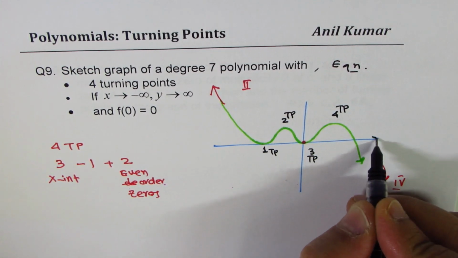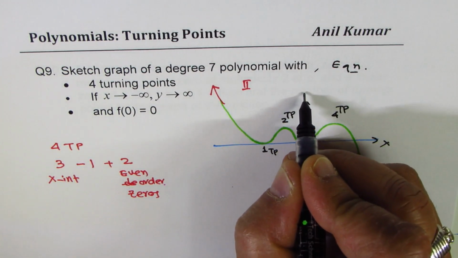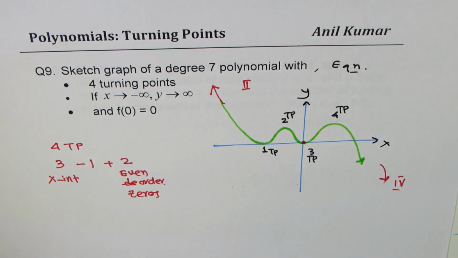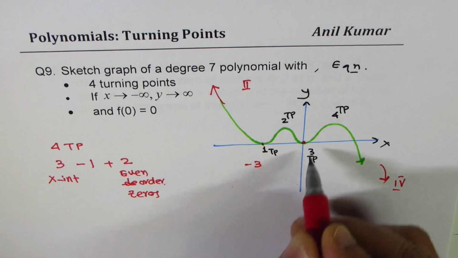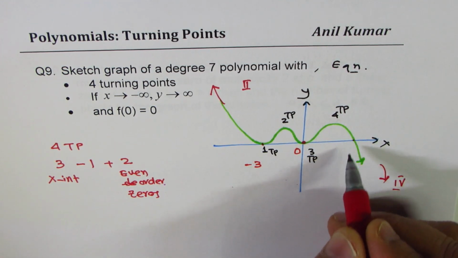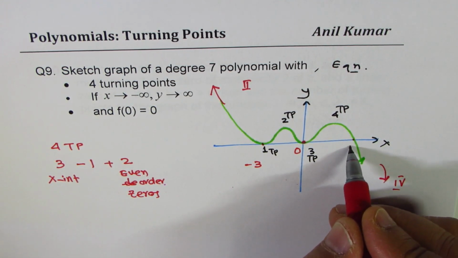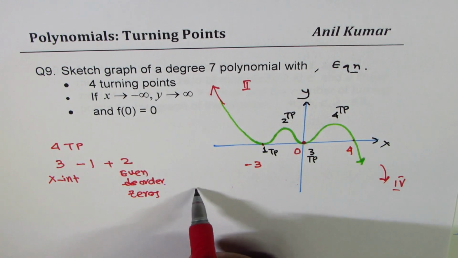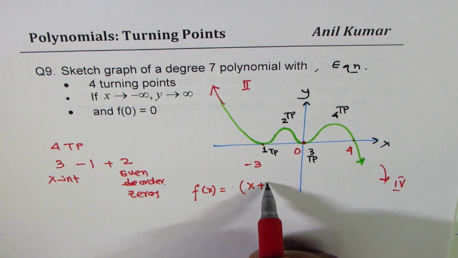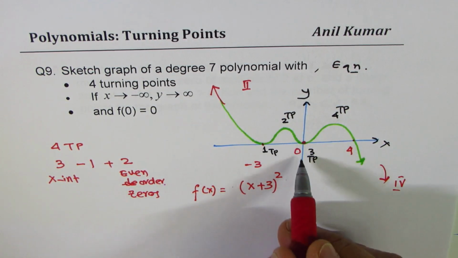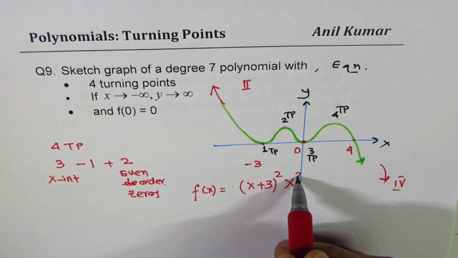Perfect. So let's write down some equation for this. Let me use another ink. So let this point be at, let's say, minus 3. This is at 0. And let's call this point at, let's say plus 4. Then we could write f of x as equal to x plus 3 whole square. And here we have again turning point.